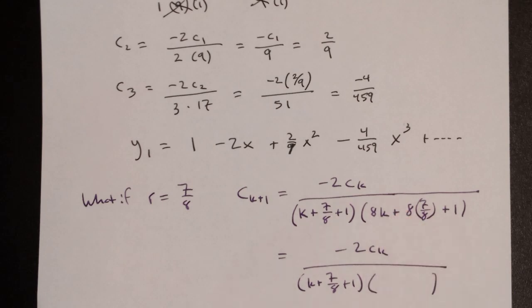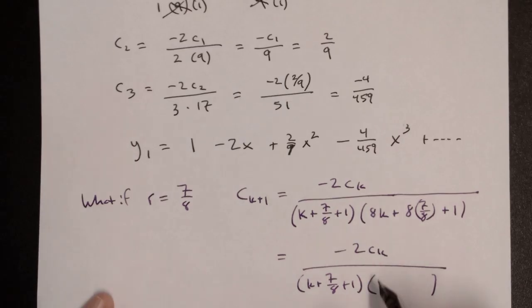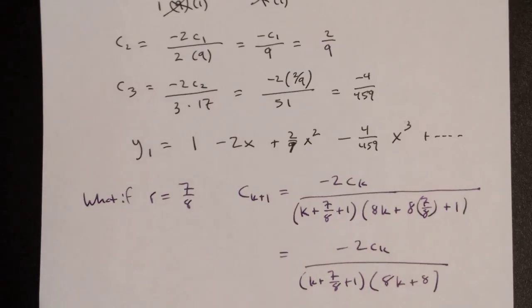What happens here? Ah, well, now I'm looking at this and I'm going, that's really nice. But the problem is there's an over 8 here. So I'm going to factor an 8 out of this set of parentheses. And I'm going to multiply that 8 into the other set of parentheses.